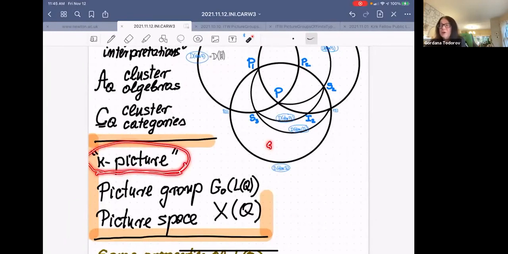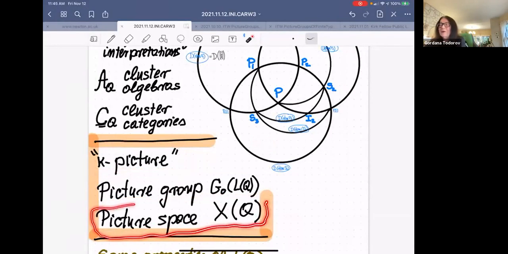I want to define a group to this picture, and then a picture space. Now, I gave talks about this group, but I never really described very much this picture space. So in this talk I would like to give a bit more information about the picture space. Now, as I said, it has interpretation in cluster algebras.